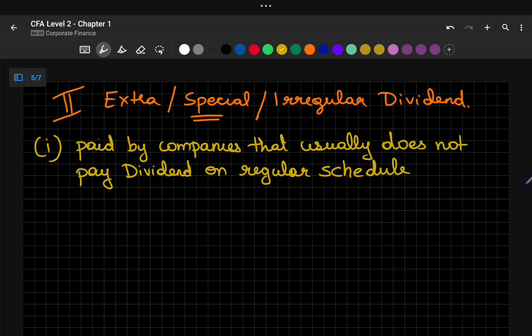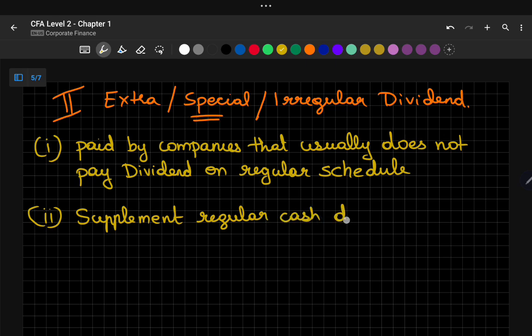Now, it can be that case, or it might be the companies which pay regular dividends, but that company had a really good year. So to supplement the regular cash dividend with an extra payment.